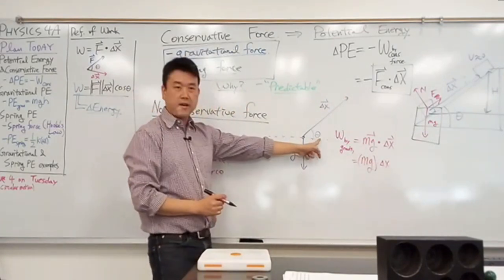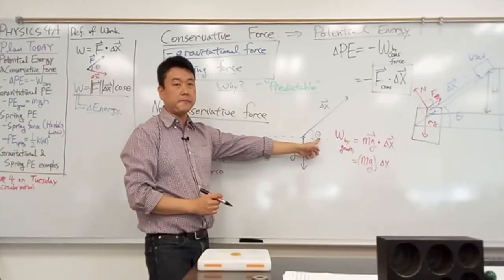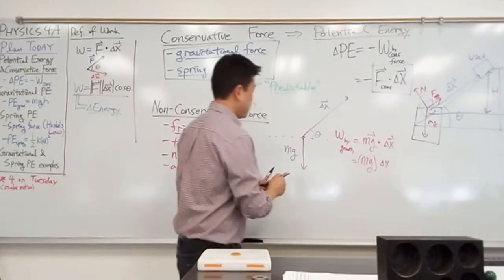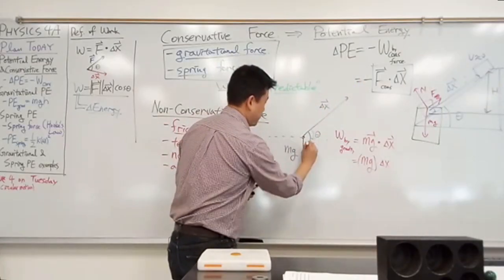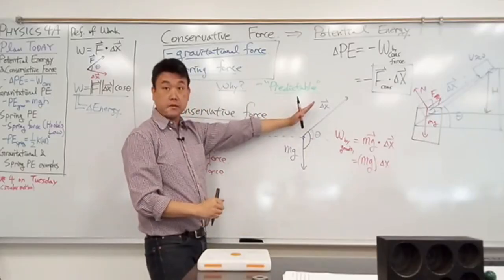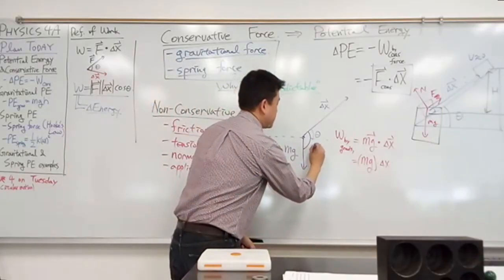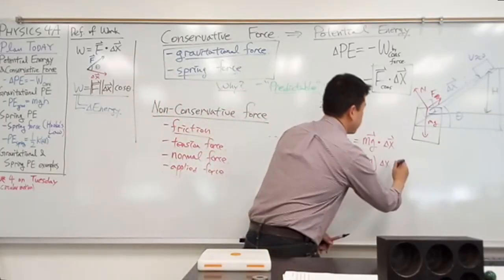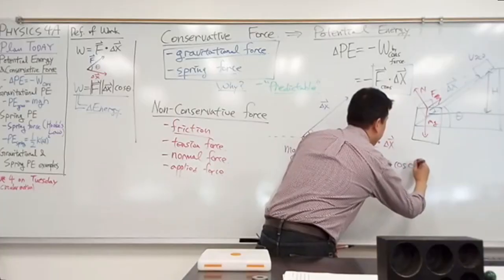Is it this theta that it's talking about or a different angle? Different angle, right? It's talking about this angle here, the angle between the two vectors. So let me use a different symbol for this, phi. So it's mg delta x times cosine of phi.